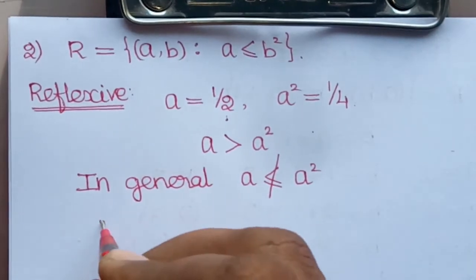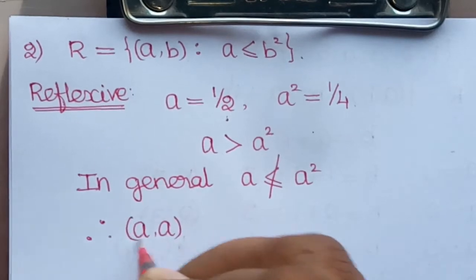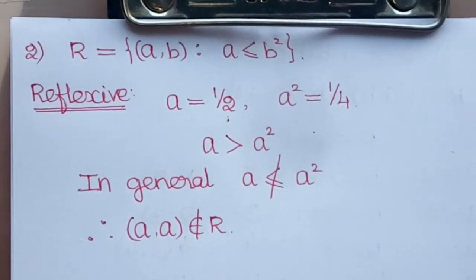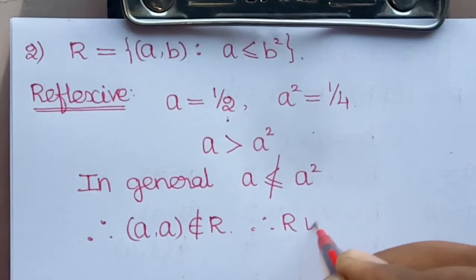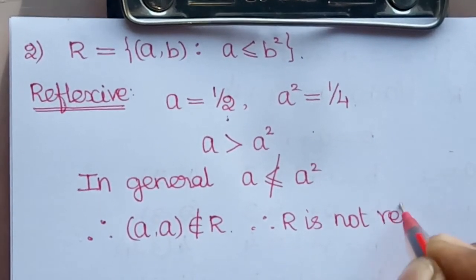So therefore, (A, A) does not belong to R. Therefore, R is not reflexive.